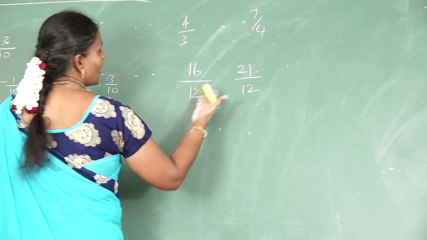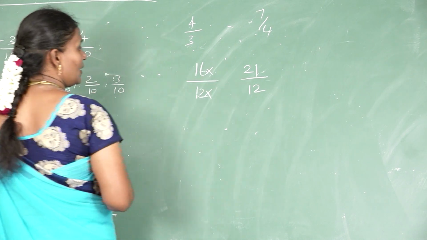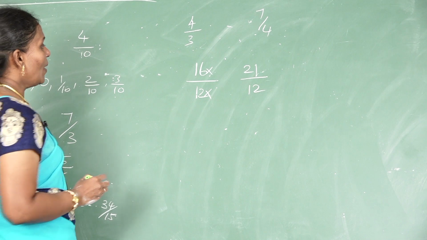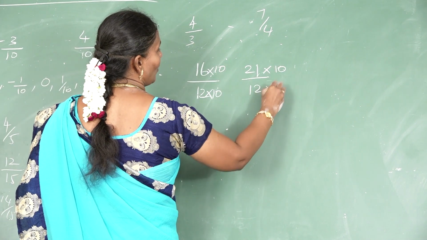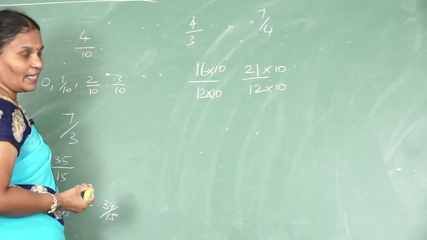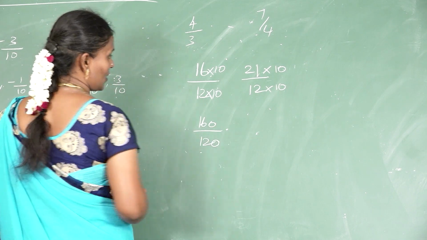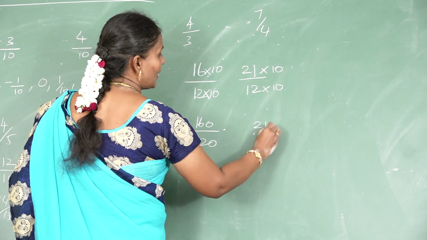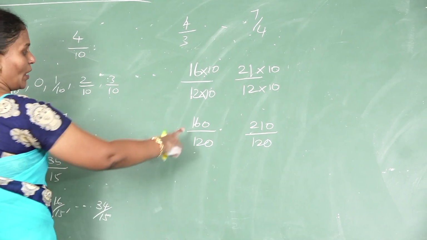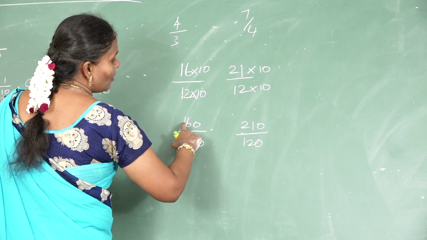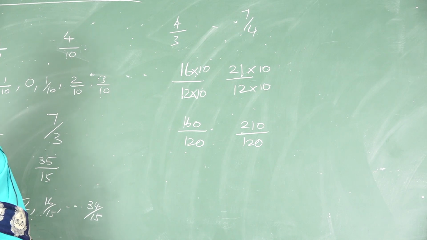See here the denominators are same, isn't it? So you multiply the numerator and the denominator by 10 in both numbers. So what comes here? 160 by 120. Here 210 by 120. Okay? Now between 160 and 210, we can find many rational numbers.